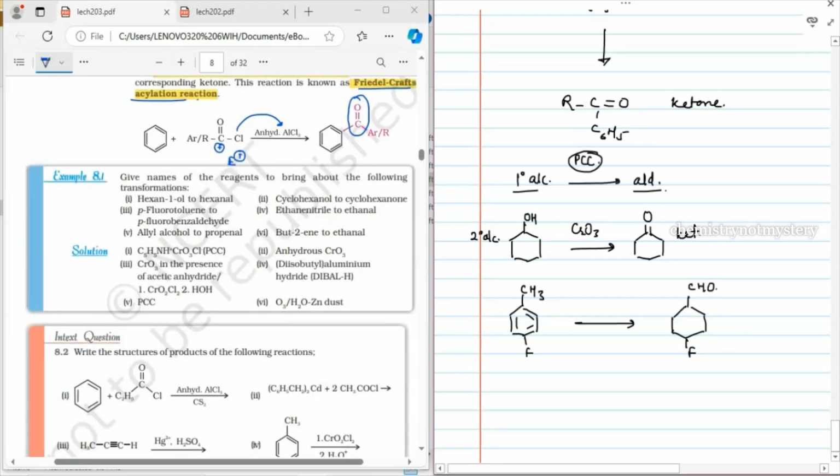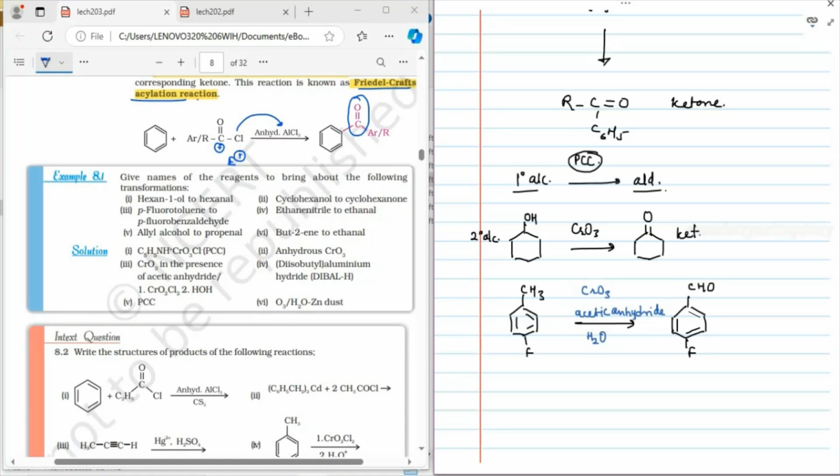For the conversion of substituted toluene, you can use CrO3 with acetic anhydride, followed by hydrolysis. Now come to the next question.